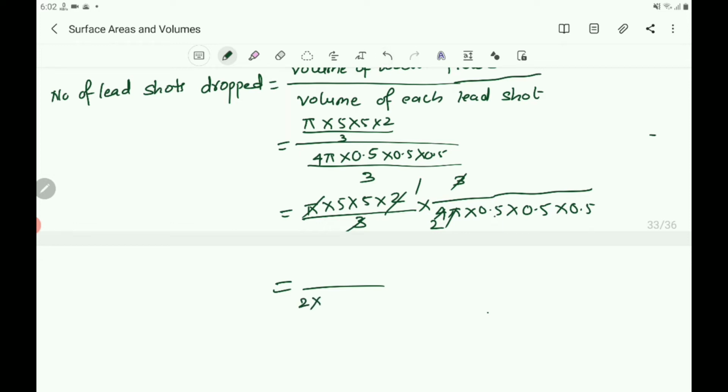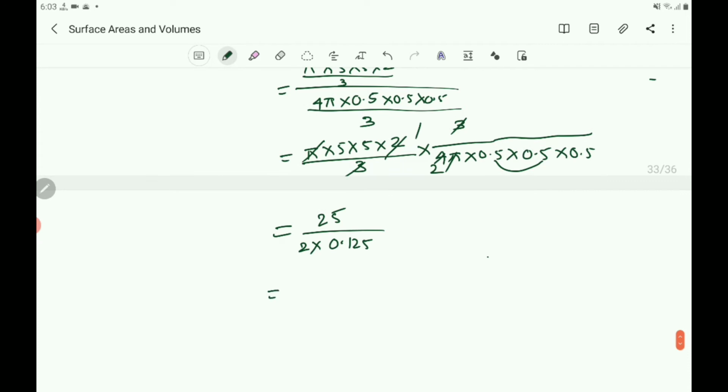2 into 5 into 5 is 50, 25 5 is 125, into 0.125, and here 5 5 is 25. Then you will get 25 by 0.250.